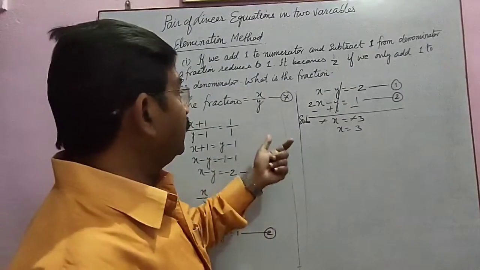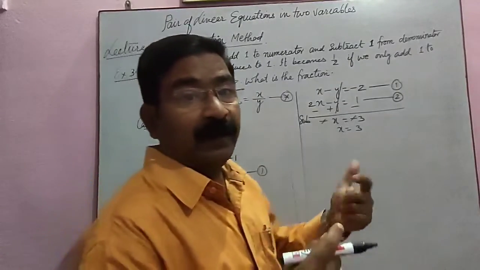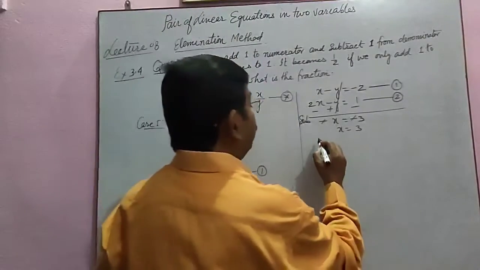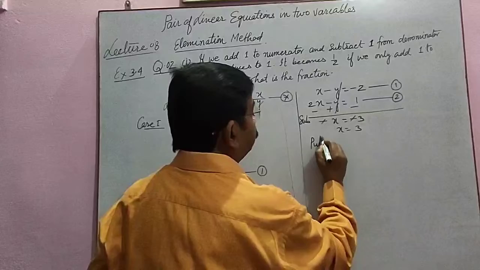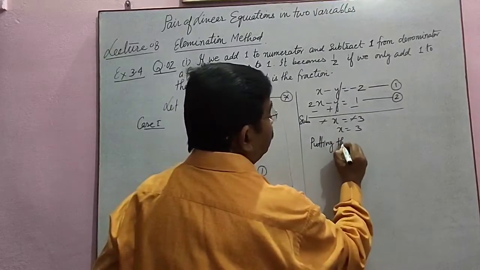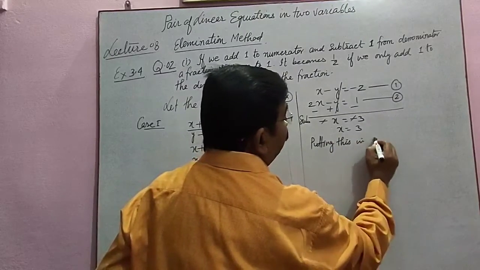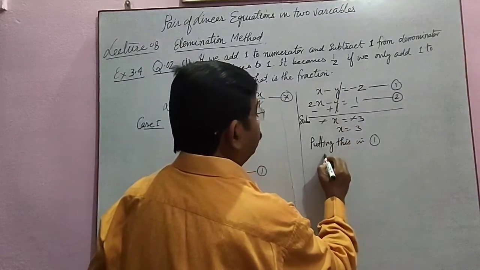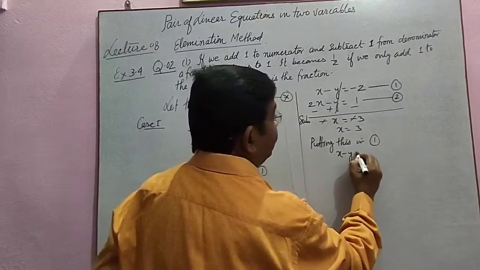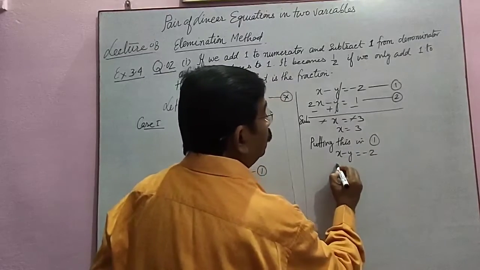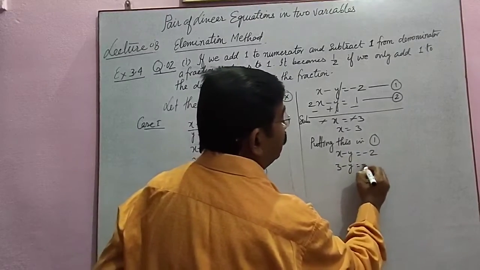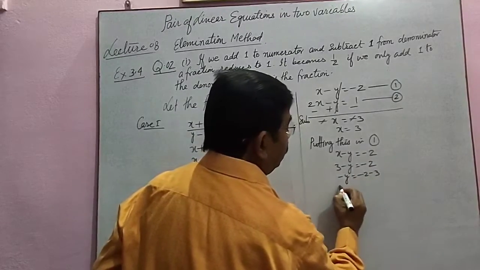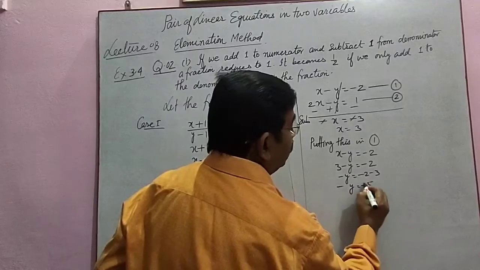Now after elimination, you can use elimination again or you can use substitution. So we can write like this, putting this in equation number 1 or 2, anyone. So we have, see, x minus y is equal to minus 2, 3 minus y is equal to minus 2, minus y is equal to minus 2 minus 3, minus y is equal to minus 5.